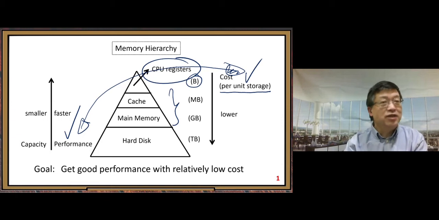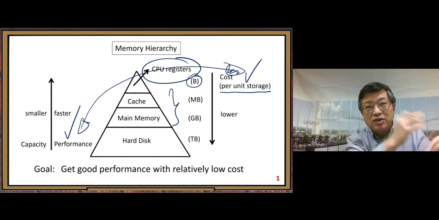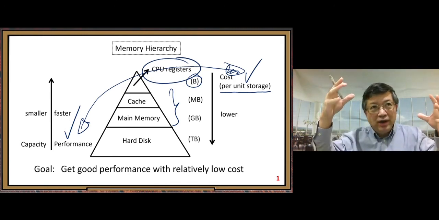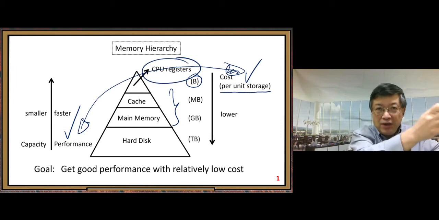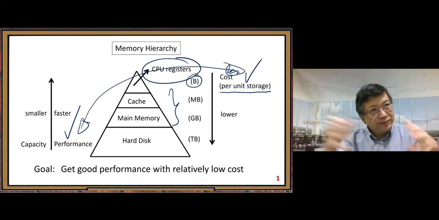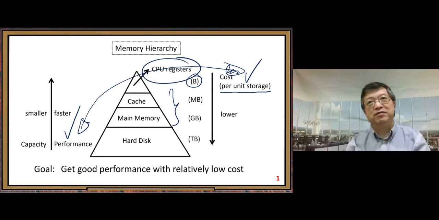We don't need the fastest performance; it could be a little slower than the fastest. But we need a good combination: not very expensive and not very slow. Pretty fast, but not very expensive. That's the best scenario in a commercial product.